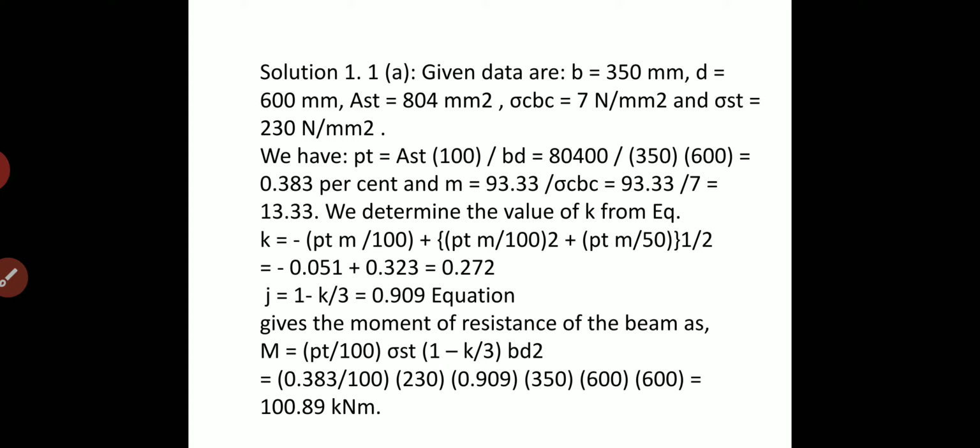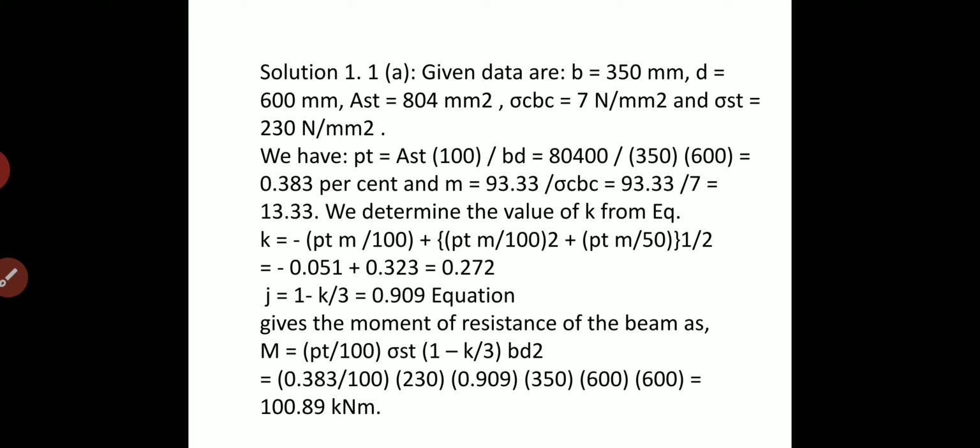Given data are B, width of beam equal to 350 mm, effective depth of beam small d equal to 600 mm, area of steel AST equal to 804 mm square, sigma CBC equal to 7 Newton per mm square, and sigma ST equal to 230 Newton per mm square. We have percentage of steel PT equal to AST into 100 upon BD.